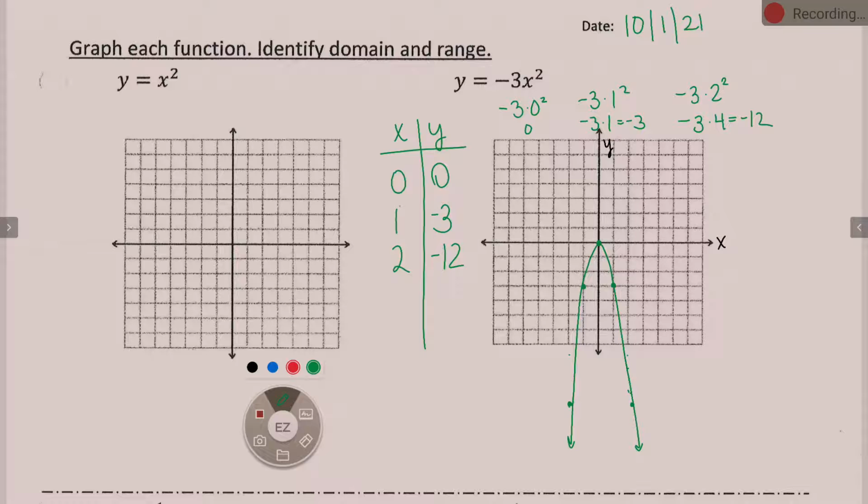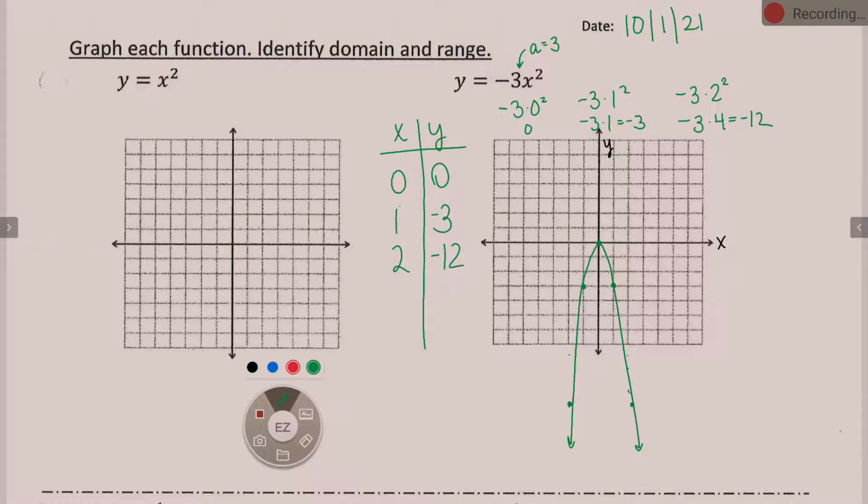And notice my A value here is 3. And since 3 is a number bigger than 1, it says the larger the number, the narrower the parabola. So basically, the number is bigger than 1, it's going to be stretching it up.